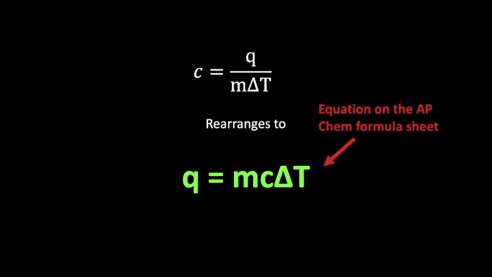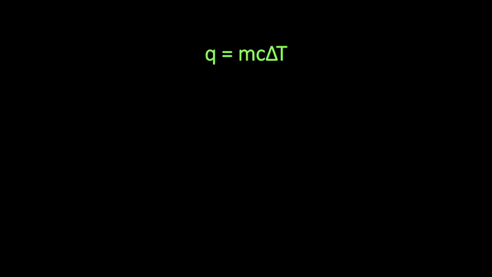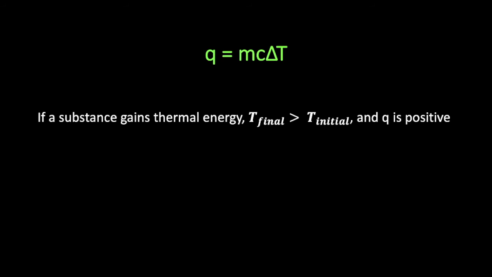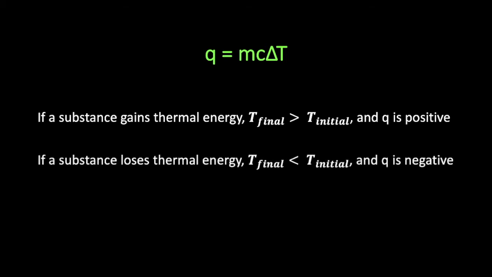Now, taking a look at this equation, you should be able to see that if something is gaining thermal energy, if the final temperature is greater than the initial temperature, then Q will be positive. If a substance loses energy and the final temperature is less than the initial temperature, Q will be negative.